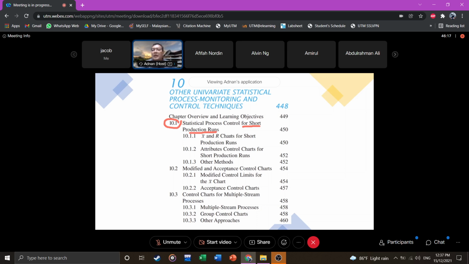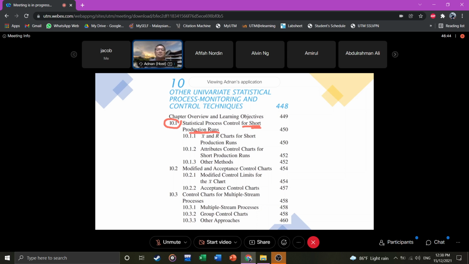You can get a new model every 6 months, for example. So the production is not as long as in the past. This is the challenge that we face in control charting, where the production is so limited. How can we monitor the quality? This is the issue of short run production.